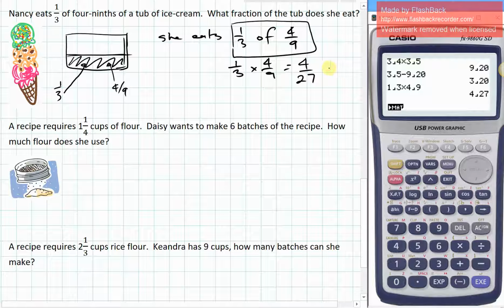So 4/27 of the tub is eaten by Nancy. With these word problems, what you do need to try and come up with is the mathematical sum that describes the word problem.